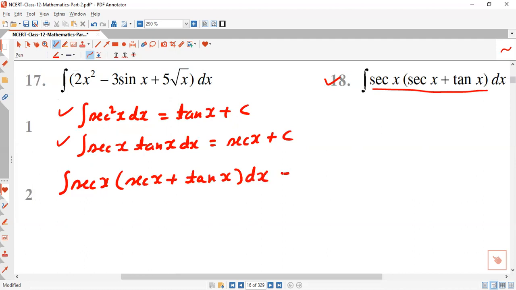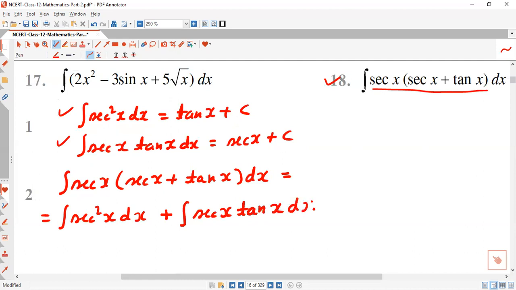If we separate this, what we are seeing I will write on the next line. This is integration of sec square x dx plus integration of sec x tan x dx.